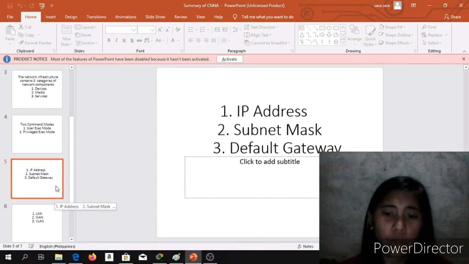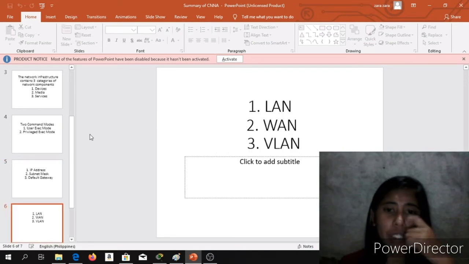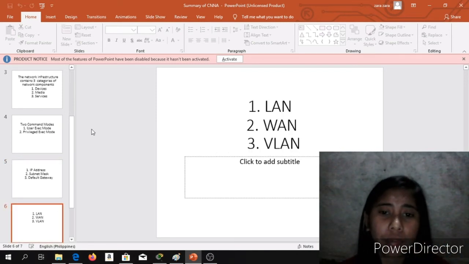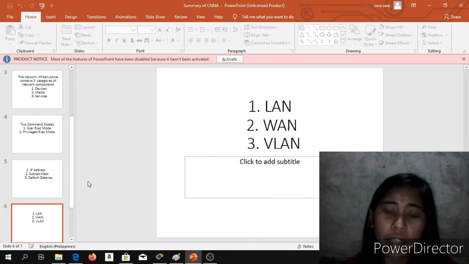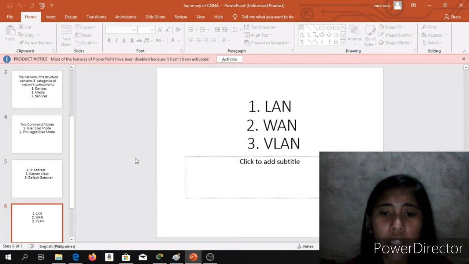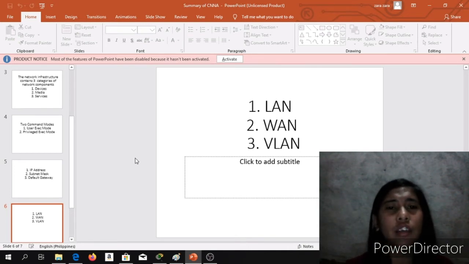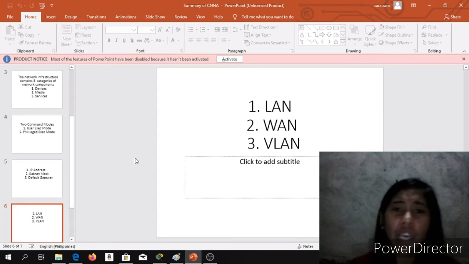And the default gateway. And when we say LAN, WAN, VLAN, a LAN is a wired network used to connect devices to an internet connection or to any device. And then the WAN is a data communications network spanning large geographical areas such as a state, province, and even a country.